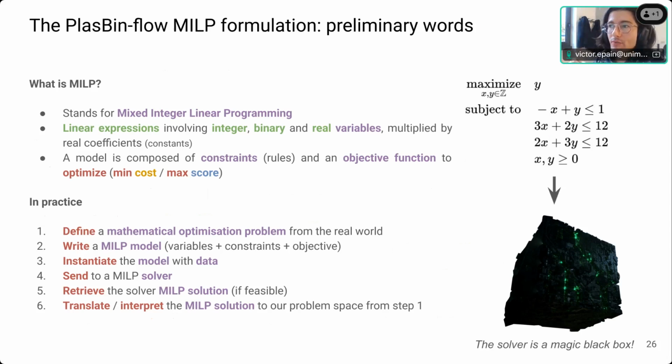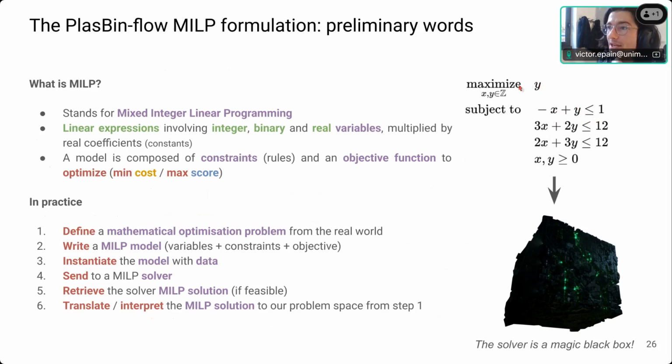You have to define some rules and some objectives. The rules and the objectives must use only linear expressions. A linear expression is variables multiplied by coefficients, plus or minus coefficients multiplied by variables. For a rule, you can use inequalities, and the objective function is just a linear expression.